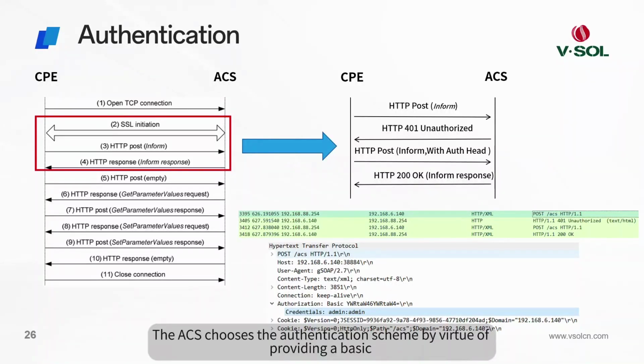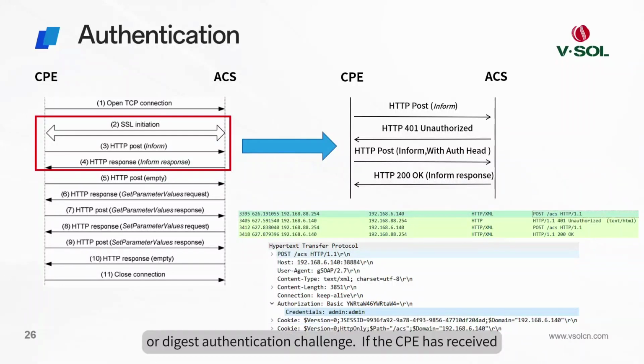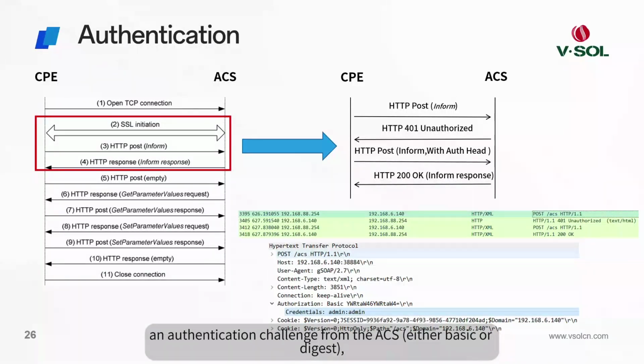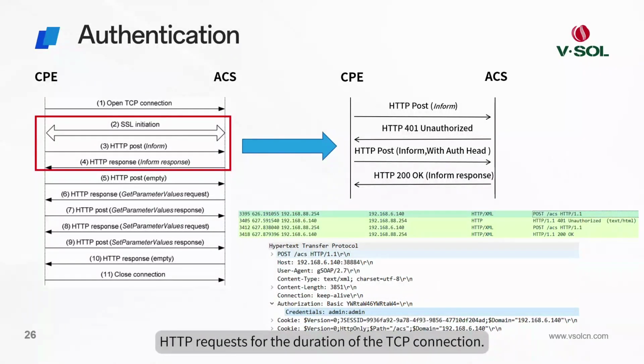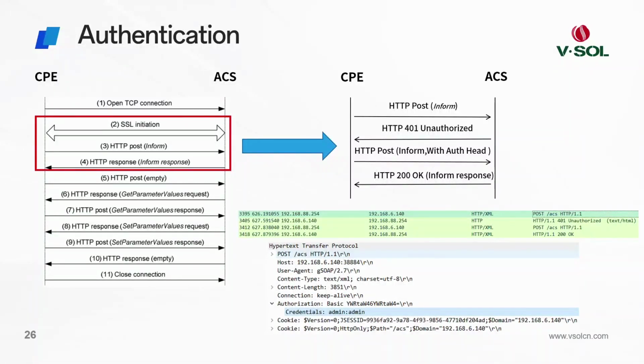The ACS chooses the authentication scheme by virtue of providing a basic or digest authentication challenge. If the CPE has received an authentication challenge from the ACS, either basic or digest, the CPE should send an authorization header in all subsequent HTTP requests for the duration of the TCP connection.